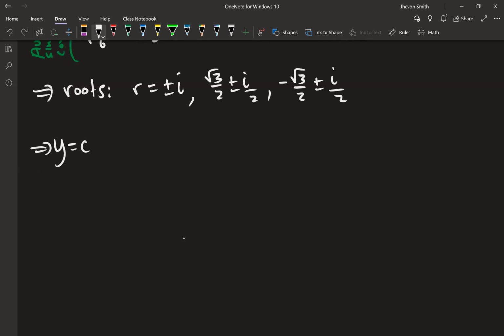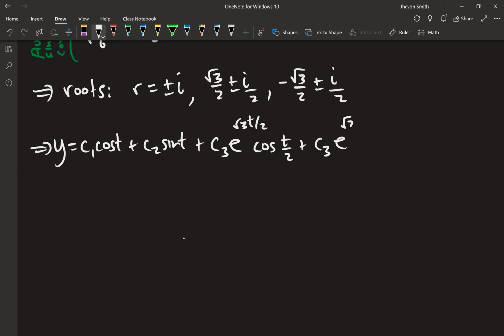So it's going to be C1 cosine t plus C2 sine t plus C3 e to the radical 3t over 2 cosine t over 2 plus C4 e to the radical 3t over 2 sine t over 2.